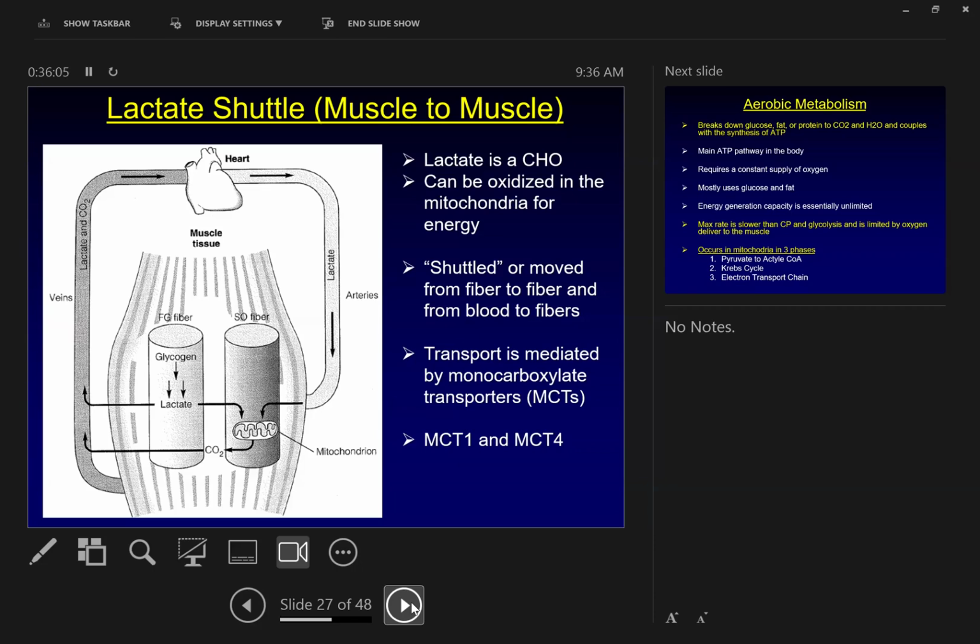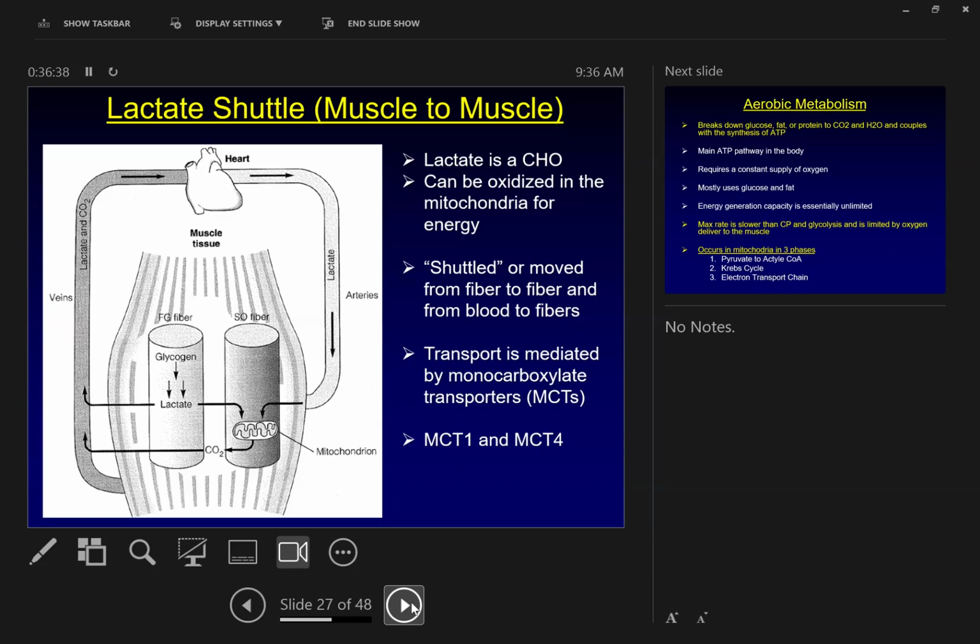If you ever see these words, I'm not going to ask you about them on a test, but there's a thing called a monocarboxylate transporter, or an MCT, that governs pulling that lactate out. What I do want you to know is that, in controlling part of your lactate generation, fast twitch muscle fibers have a more active lactate dehydrogenase enzyme than slow twitch fibers.